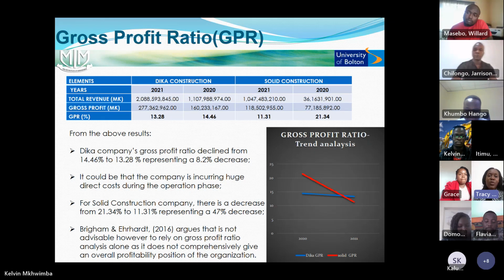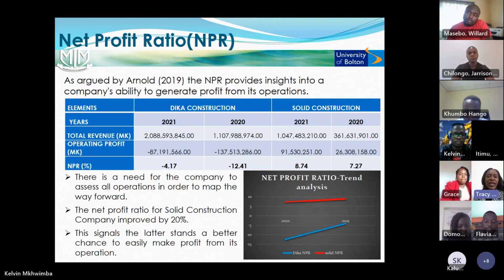Therefore, we went further to do the net profit ratio analysis, as argued by Arnott. Net profit ratio provides insight into the company's ability to generate profit from its operations.